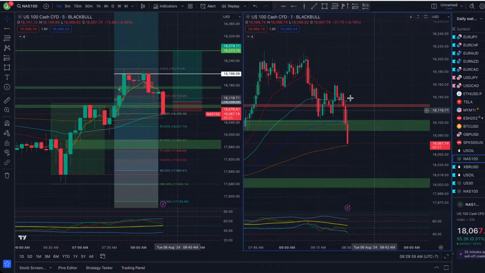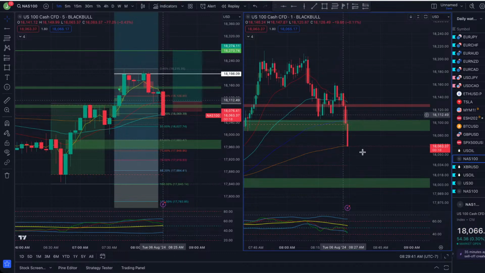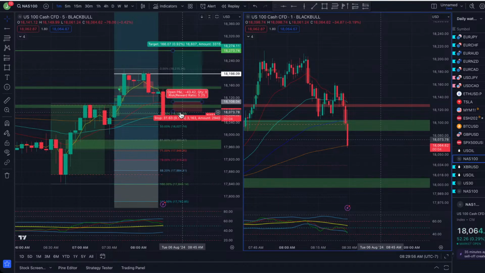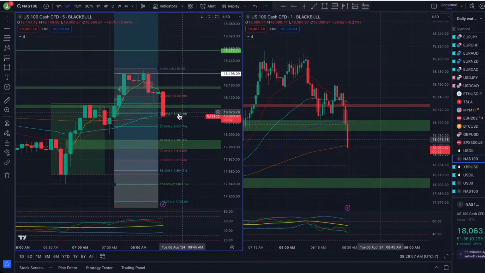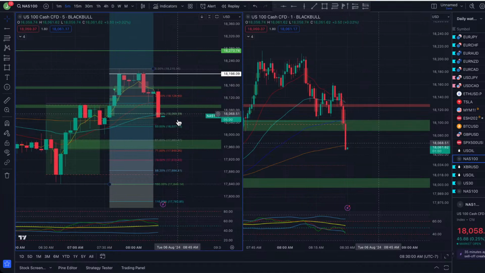Now we actually have breakaway gaps to the downside, which means there might be a deeper retracement. Bouncing off the 238. Let's see if it pushes through. If it bounces off this on the 1 minute.